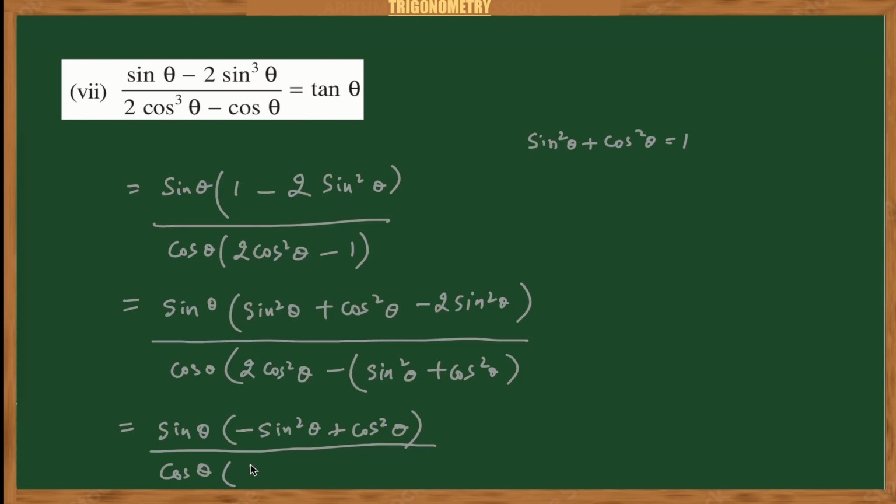So 2 minus 1 becomes 1 cos square theta, minus into plus becomes minus sin square theta. So I've just skipped one step and simplified it. Minus sin square theta plus minus cos square theta becomes, so that has been 2 and 1 is there, so it gets subtracted.